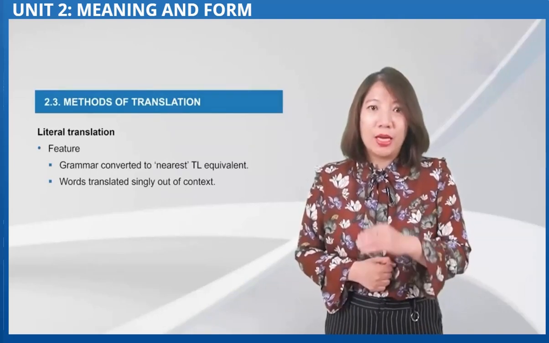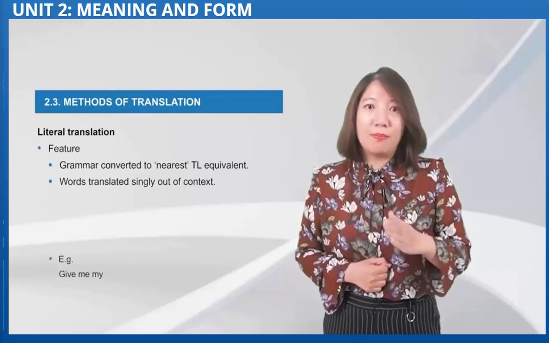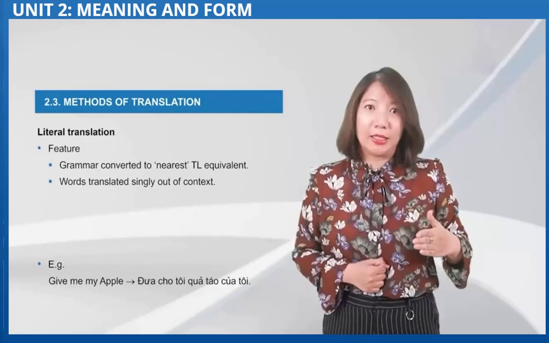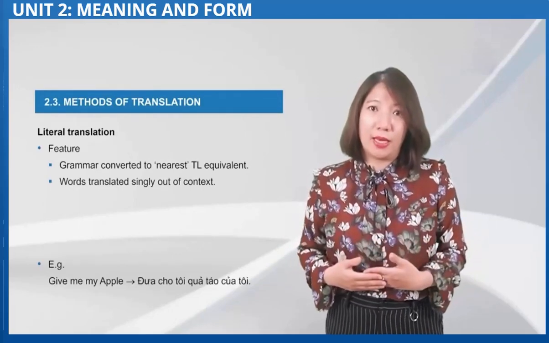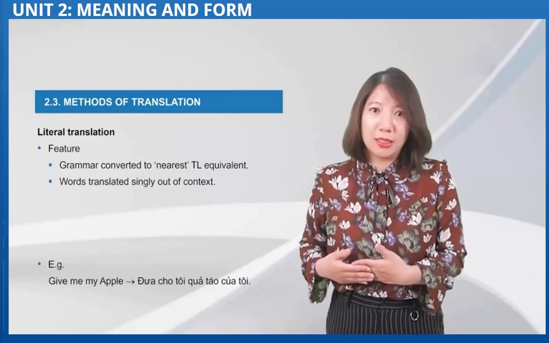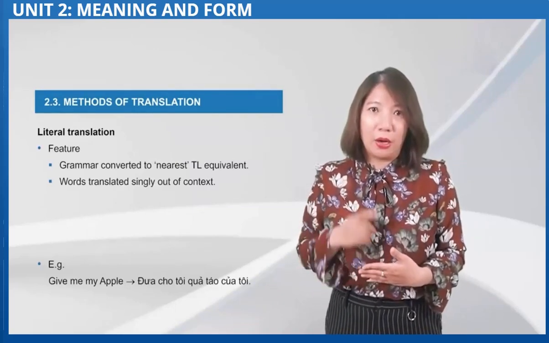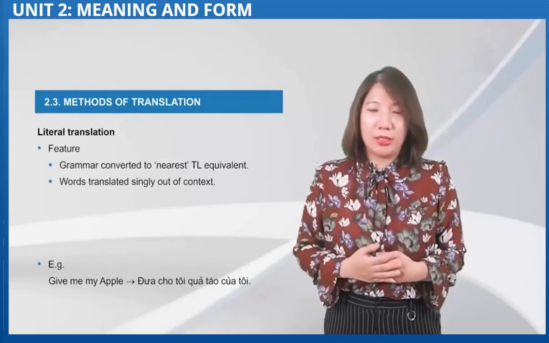For example, give me my apple. Give somebody something. Đưa cho ai cái gì. So the grammar structure is converted to the equivalent. Yes, but apple, does it mean the fruit in this case? No, this word apple was translated out of context.